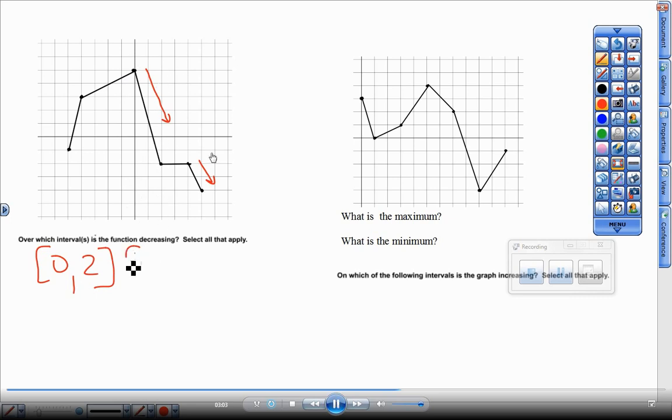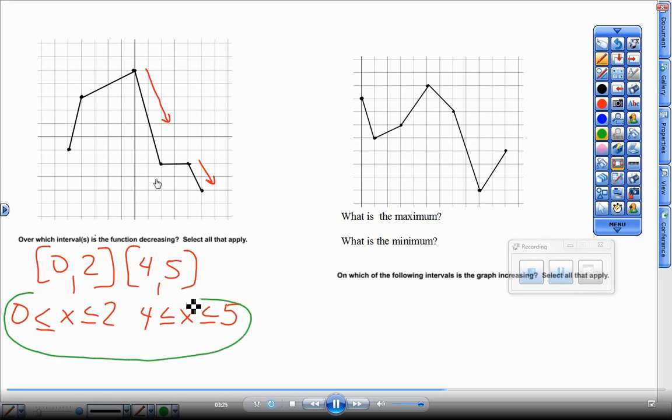And the other one is from this 4 to 5 on the x-axis. But answer in set notation, 0 less than or equal to x less than or equal to 2. 4 less than or equal to x less than or equal to 5. That's how they're going to write these answers. From 0 to 2, 4 to 5.